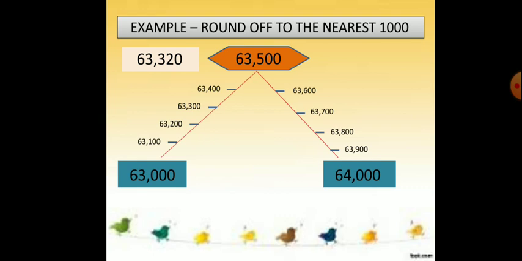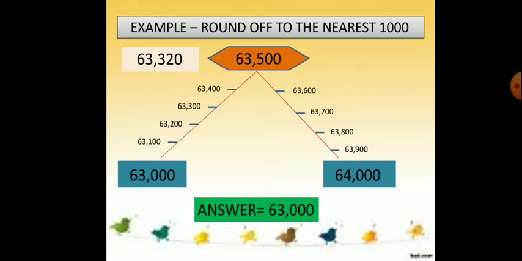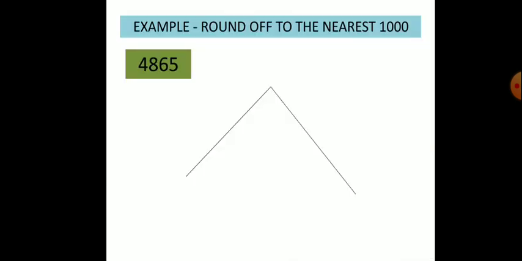So it will come between 63,300 and 63,400, and it is smaller than 63,500. So it will round off to 63,000. This is the answer.